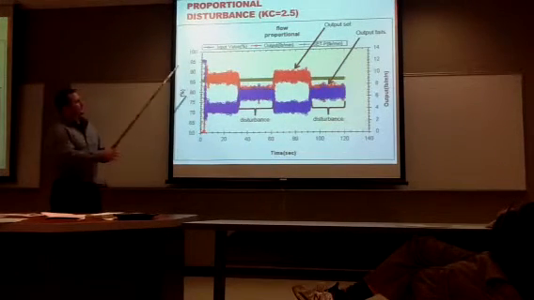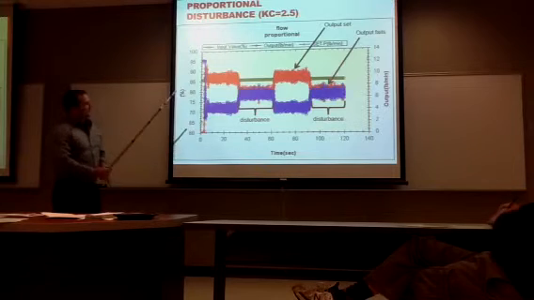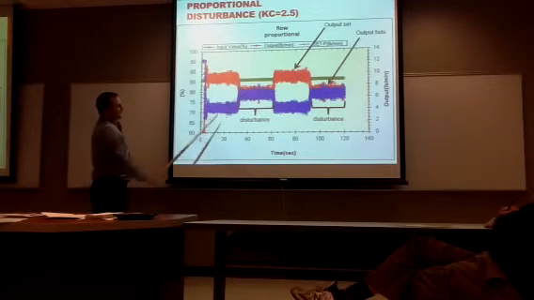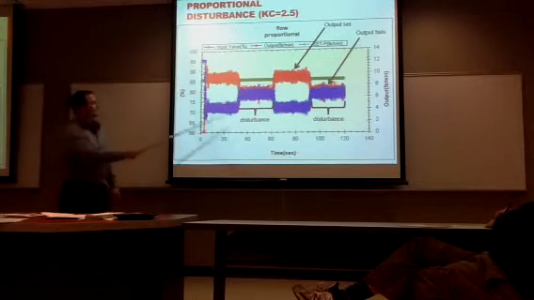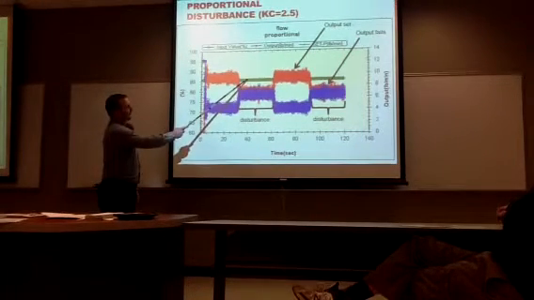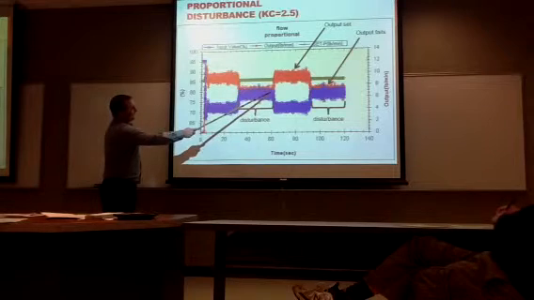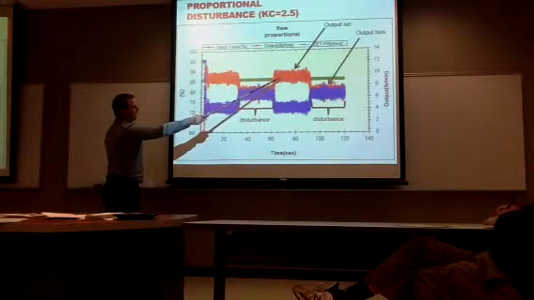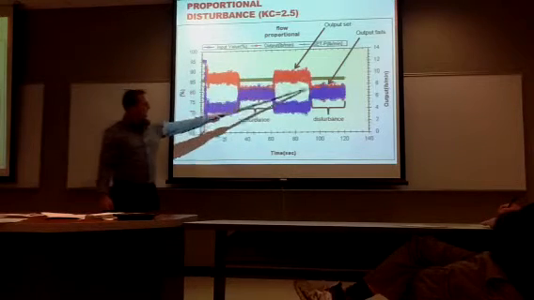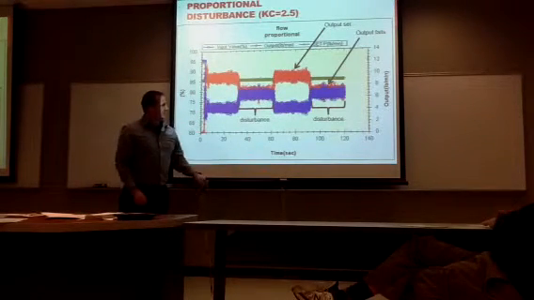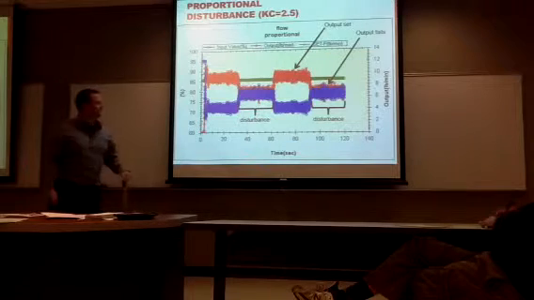This is the proportional analysis that I did. When that happened, it couldn't meet the extra flow. It couldn't get up and reach the set point here. And then this is where it shuts off and it gets back up to the set point, and then again here where it cut back on.